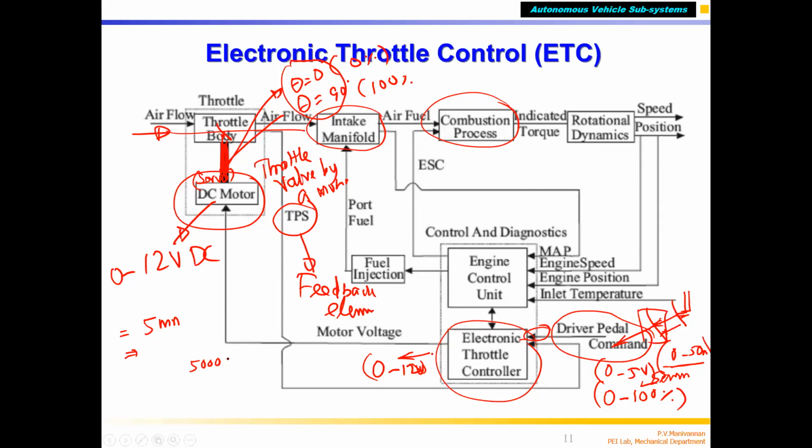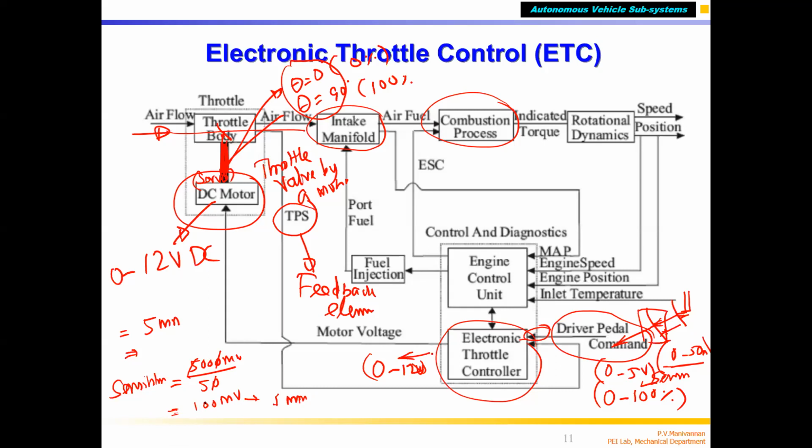How much voltage is generated? 5 volts, which is nothing but 5000 millivolts. 5000 millivolts divided by 50 mm is called sensitivity. So how much is that? It will be 100 millivolts per mm. The throttle pedal sensor will generate 100 millivolts if the pedal is moved by 1 mm.